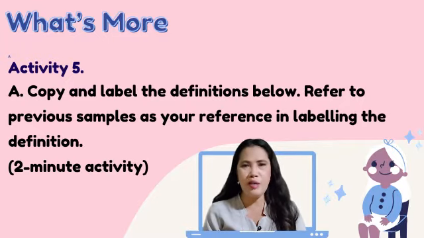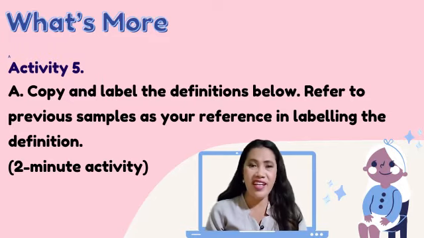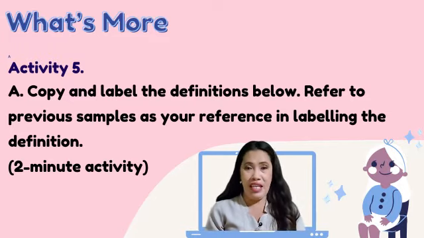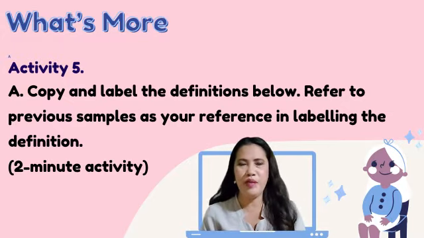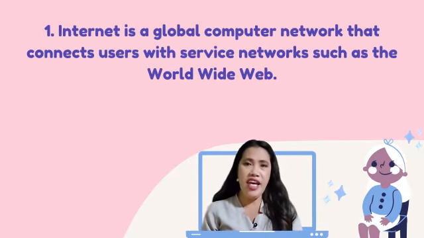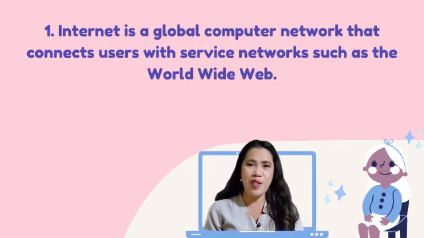This is a 2-minute activity. All you have to do for Activity 5 is simply copy and label the definitions below. Please refer to previous samples as your reference in labeling the definitions. For the first one, we have: Internet is a global computer network that connects users with service networks such as the World Wide Web.